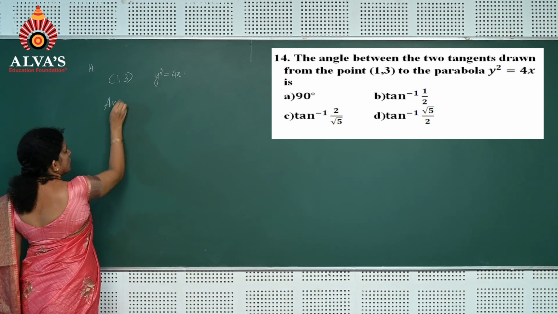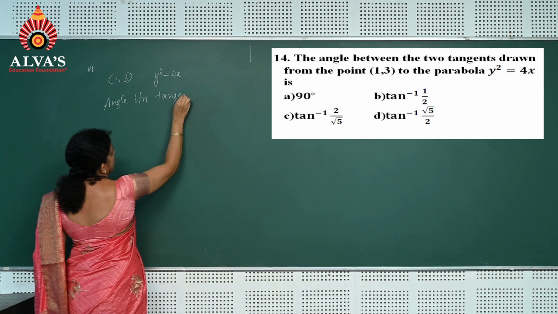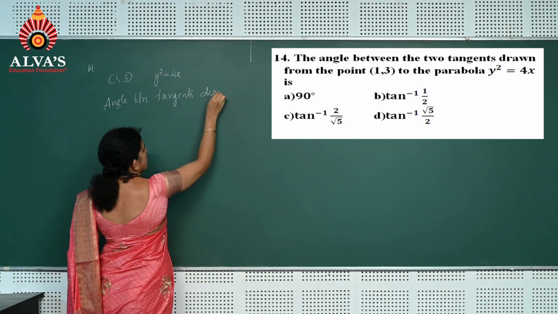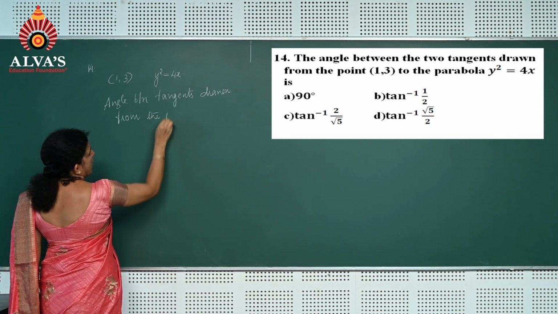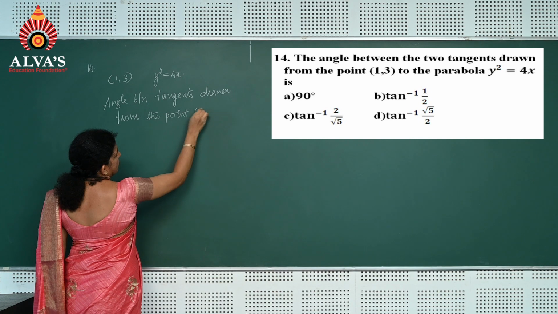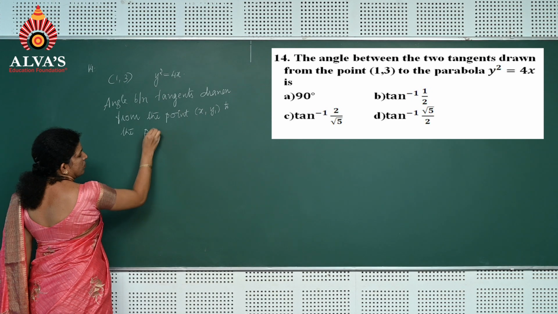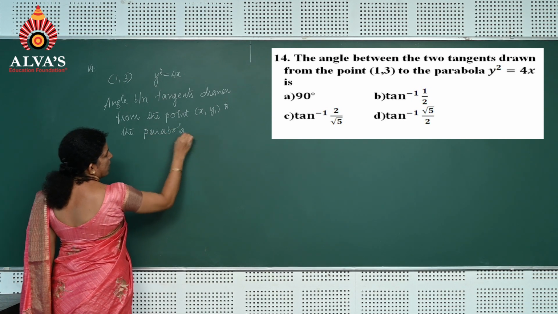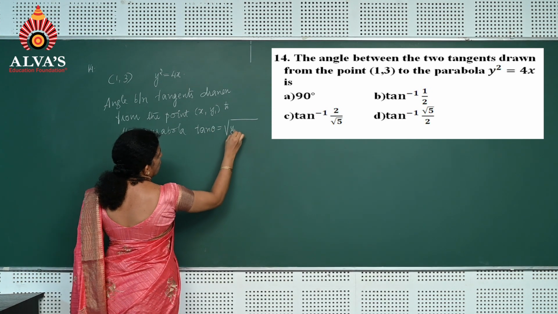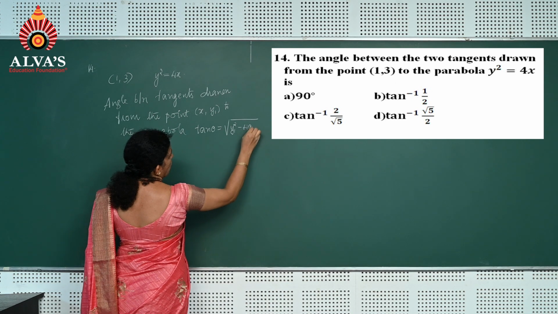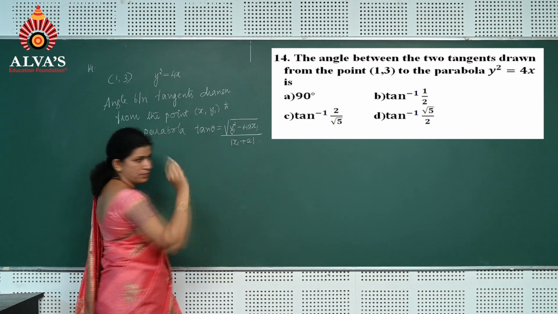The result says that the angle between the tangents drawn from the point (x1, y1) to the parabola is given by tan theta equal to square root of y1 square minus 4a x1 divided by mod of x1 plus a.